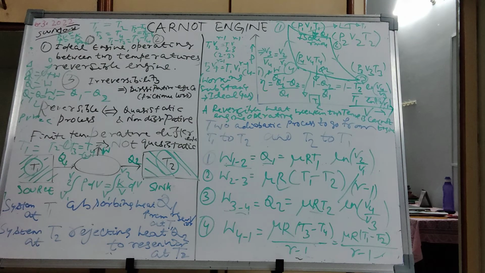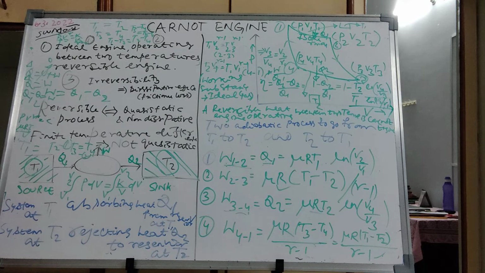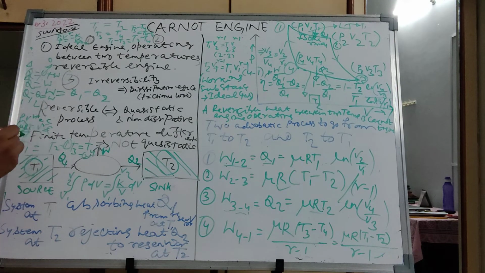We want to replace P using PV is equal to nu RT, so P is nu RT by V. Then nu R is anyway constant, so this term is constant. This term is constant. So T V to the power gamma minus 1.